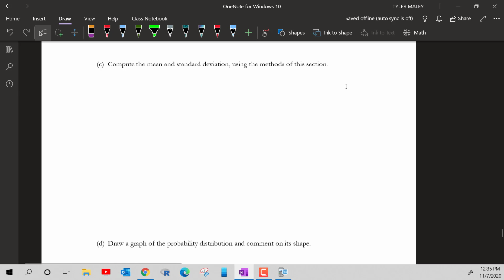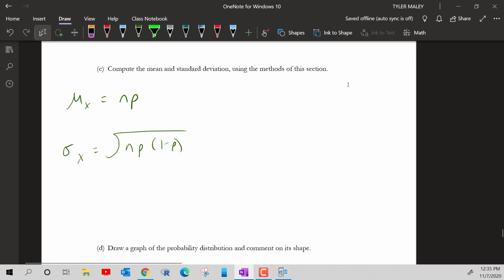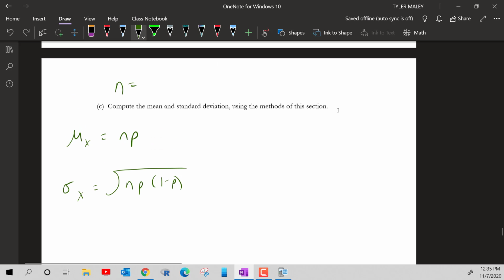So then in part C, now we're using the equations in this section. A nice thing about this is they're a lot easier. Remember the mean for a binomial is just n times p, and the standard deviation for a binomial is equal to the square root of n times p times 1 minus p. In this example, n was equal to 6 and p equals 0.3, so 1 minus p will of course be 0.7.